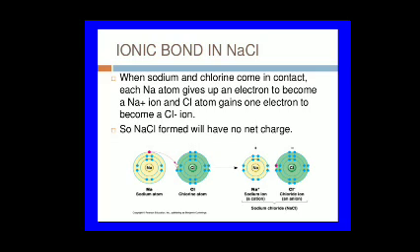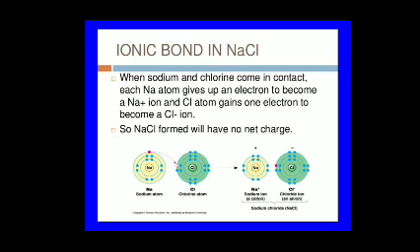Here we see the sodium atom. The first shell has 1s2, only 2 electrons. The second shell has 2s2, 2p6, that is 8 electrons. The third shell, that is the valency shell, has only 1 electron in the sodium atom.